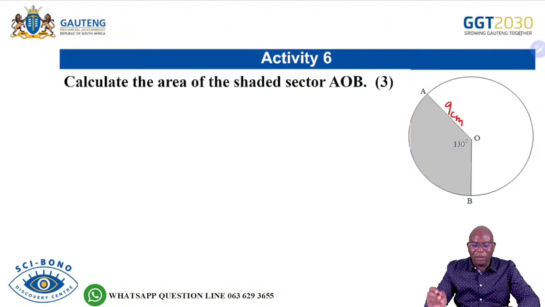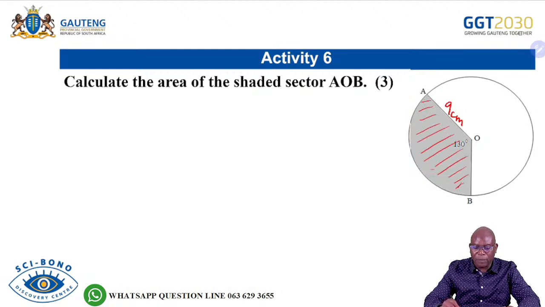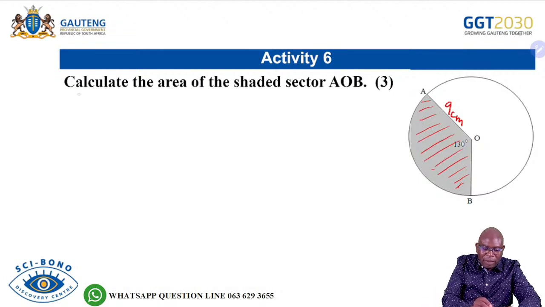Calculate the area of the shaded sector AOB. That part is the shaded area. First of all, the other way of doing it is to first change the angle. So in this question, I'm going to first change the angle. I'm going to say 130 degrees multiplied by pi over 180 degrees.